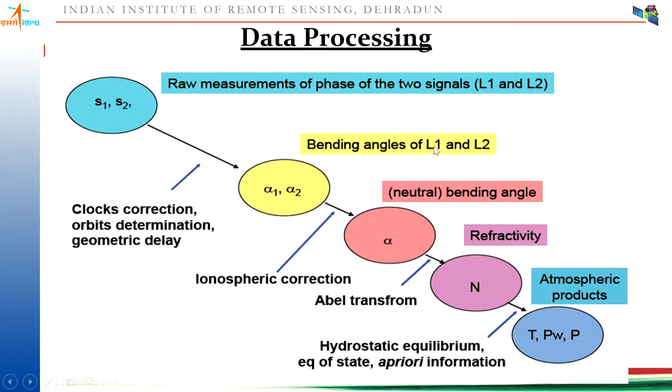The bending angles of L1 and L2, alpha 1 and alpha 2, are used for the ionospheric correction, and then we derive the neutral bending angle alpha. From that we do the Abel transformation and derive the refractivity N, and this refractivity N is a function of T, Pw, and P.